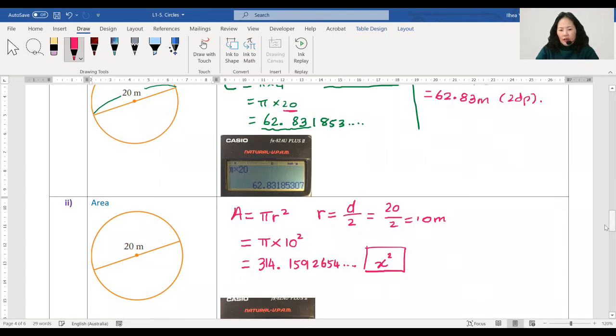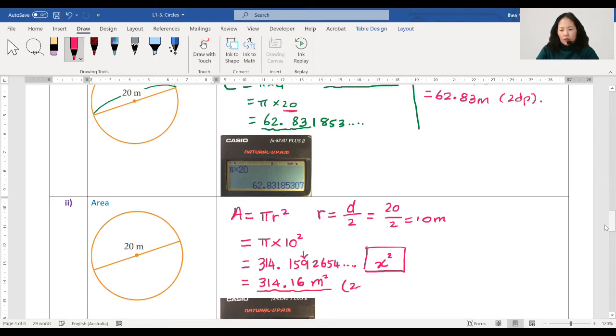314.1592654... Now, because it says only up to 2 decimal places, our answer should be 314.16, because the third decimal place is 5 or more, so it gets rounded up to the previous number, where 5 becomes 6. And it's meters squared, because it's an area.